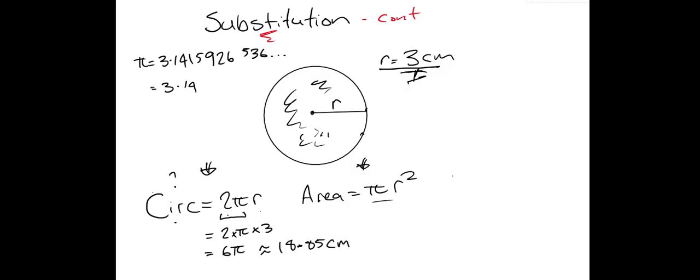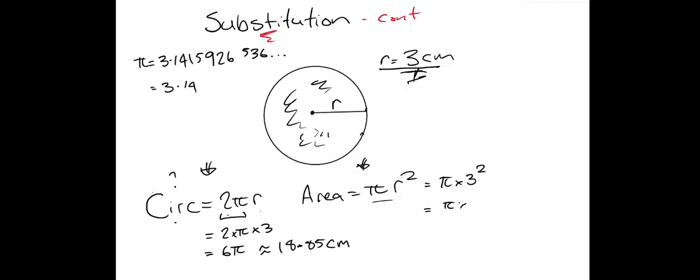Okay, that's done. The area then. We know what r is. We have r. We're going to substitute off the r and bring in 3 in its place. So the area is going to be pi times 3 squared.